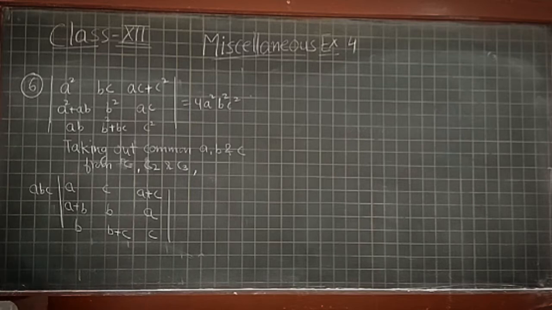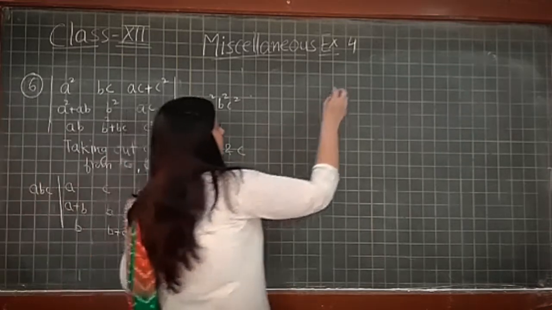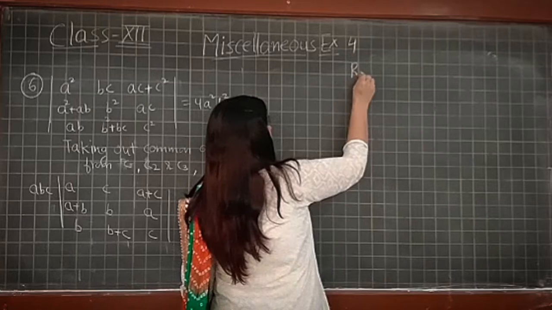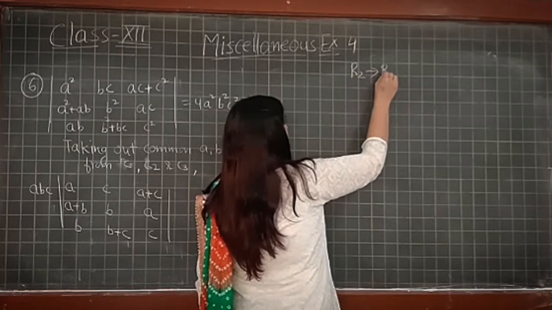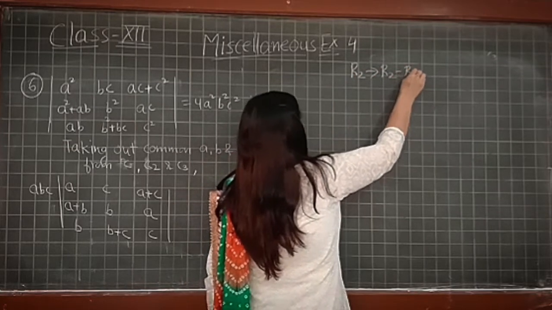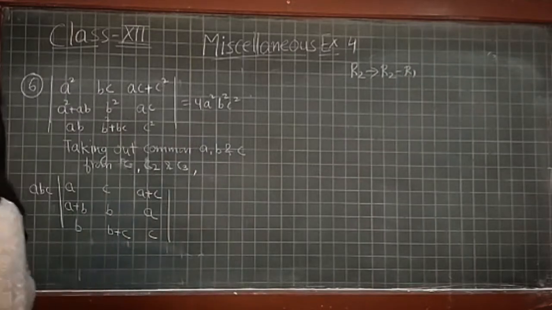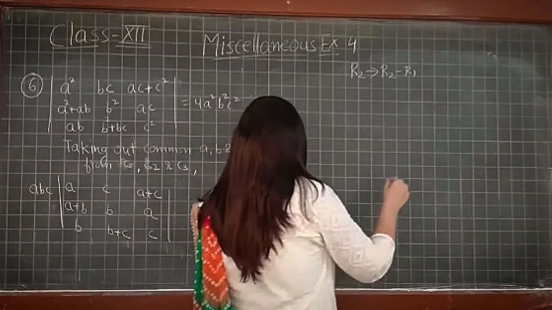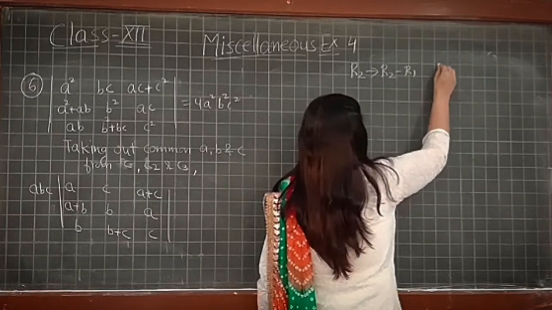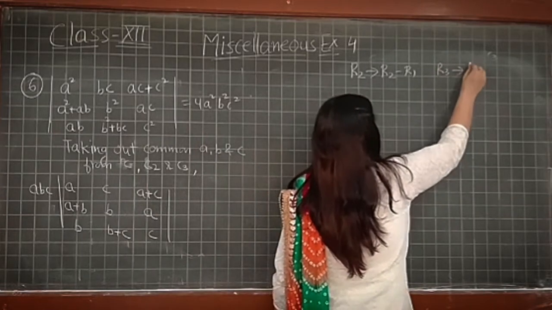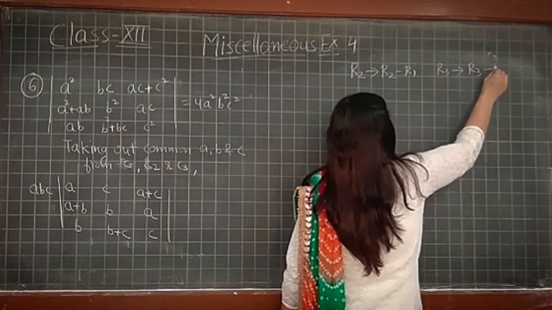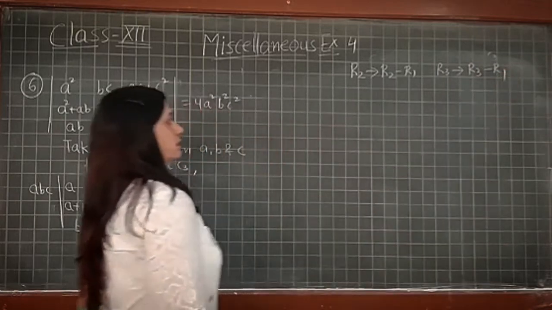So now you can change this R2 to R2 minus R1 and also R3 to R3 minus R1.